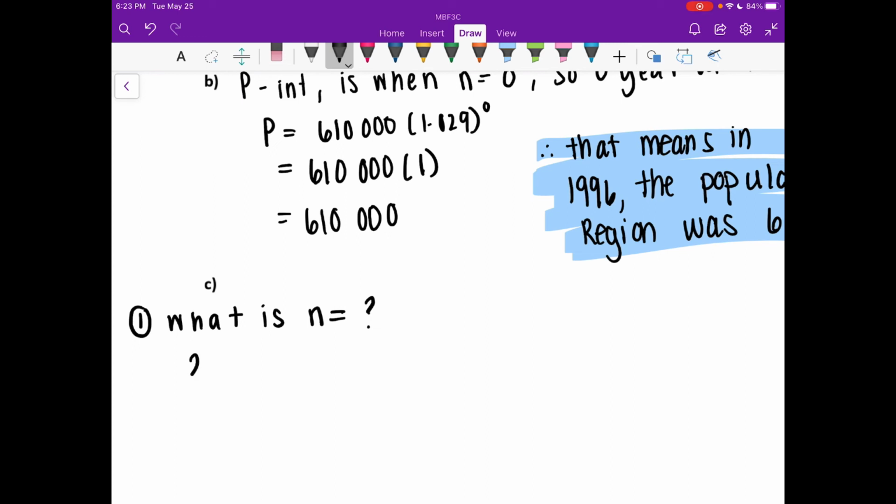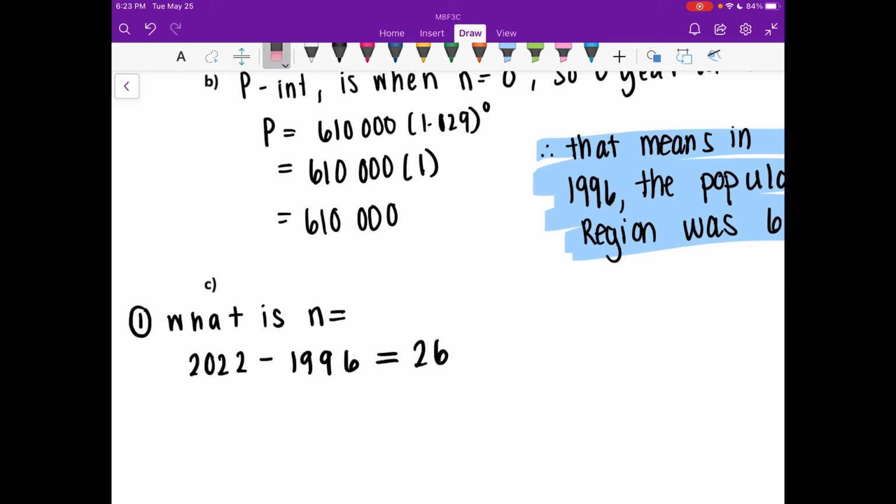So I can just do 2022 minus 1996. It's kind of like finding your age. If you wanted to know how old you would be in 2022, you take the year and subtract the year you were born. So let's do 2022 minus 1996. That should give us 26.